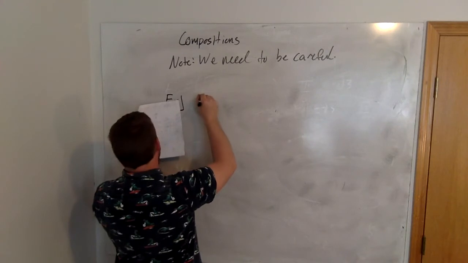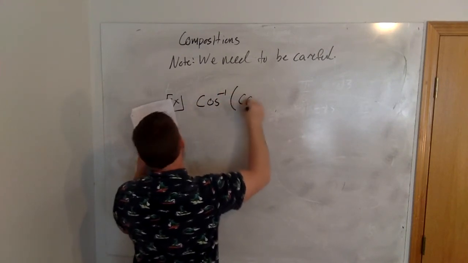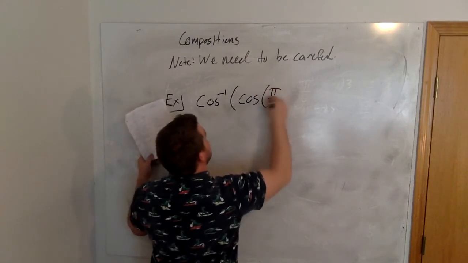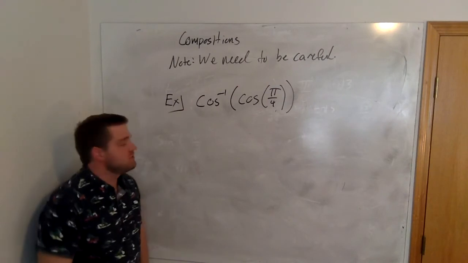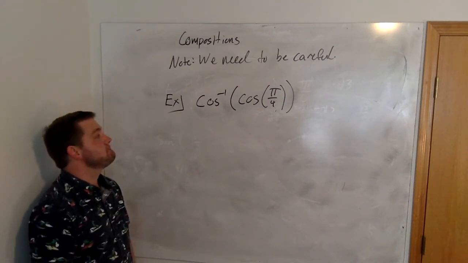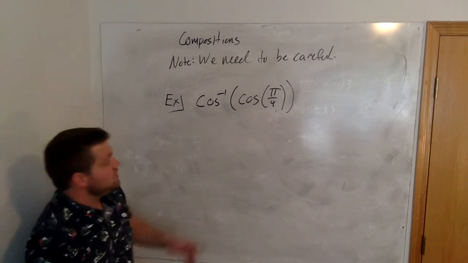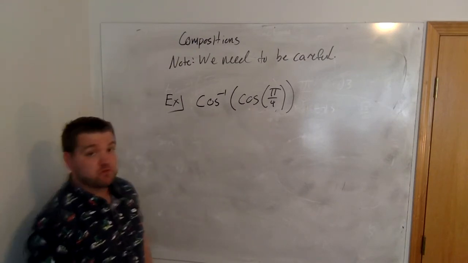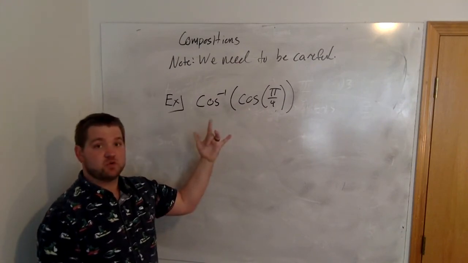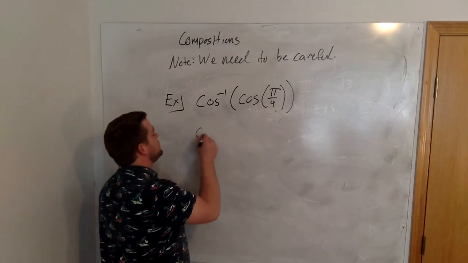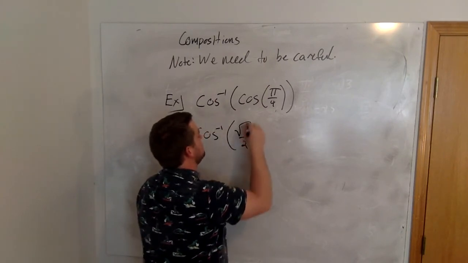Let's say we wanted to do cosine inverse of the cosine of pi over 4. Take a moment to think about what this should be. Okay, let's do it. What is cosine of pi over 4? We put down our pi over 4 finger. The x-coordinate is root 2 over 2. So here we'll have cosine inverse of root 2 over 2.